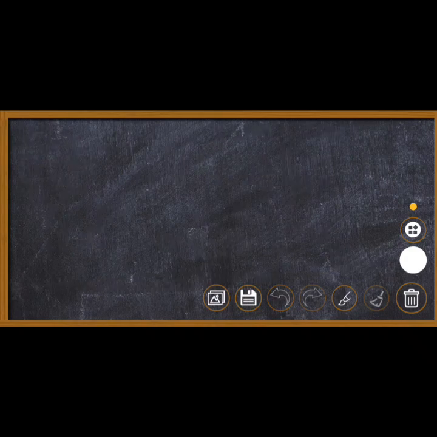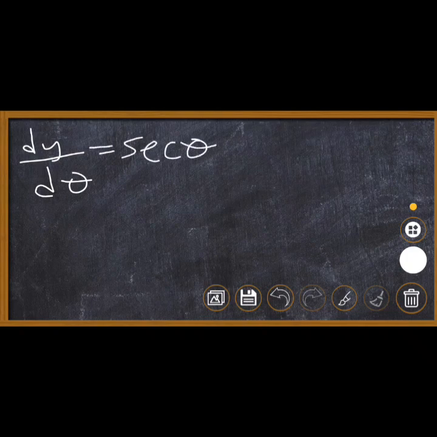So let's look at the second example. Let's say you have been given dy over d theta equated to sec theta added to y tan theta.